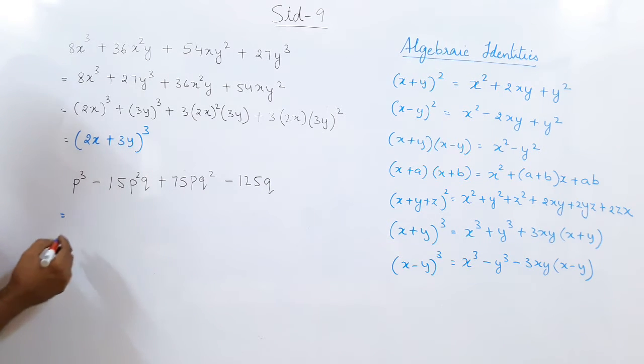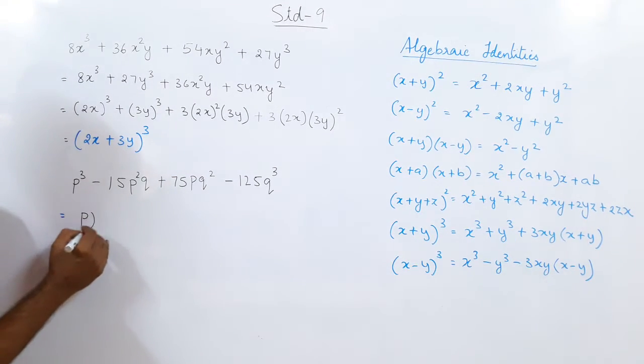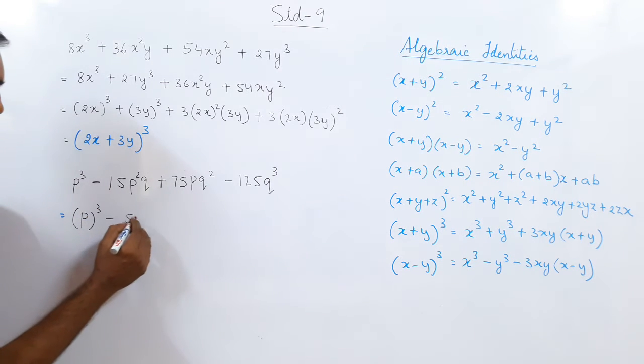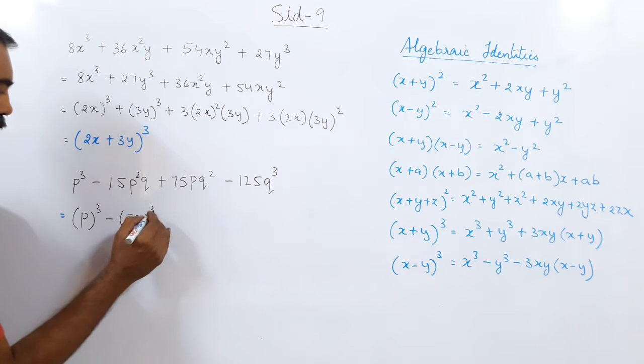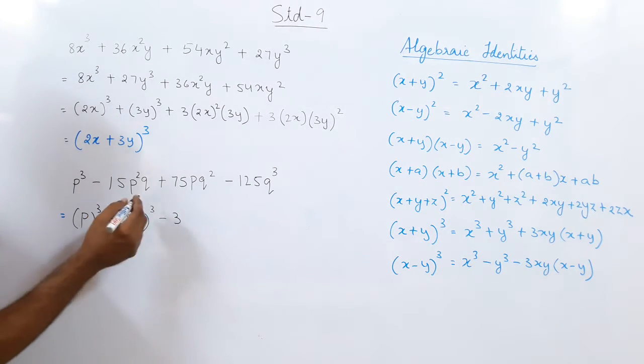And here, the same way, what have we got? We arrange this, we'll write this. Okay, there is a mistake here. This should be 125p cube. So we'll write this p cube minus, what is 125 the whole cube? 5 cube the whole cube minus 3.